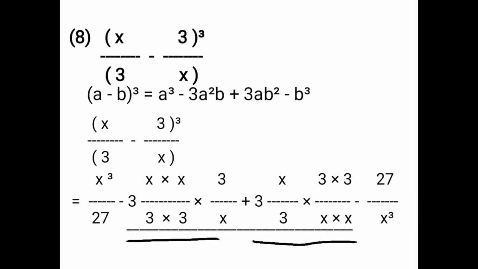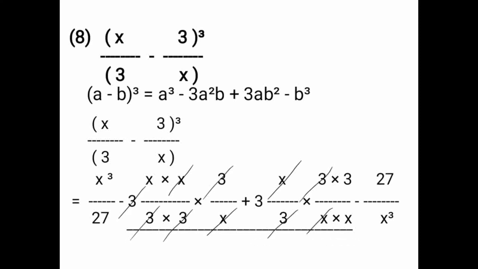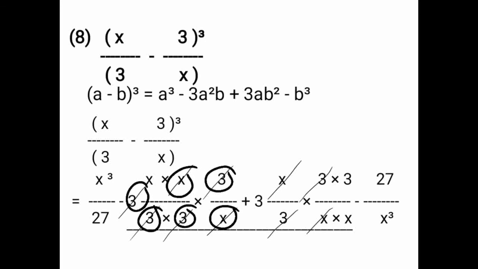Now start to do cancellation of this part. That is equal to x cube upon 27 minus, this 3 and this 3 get cancelled, 3 get cancelled, x get cancelled. If you find the same number on both numerator and denominator, you have to do cancellation.